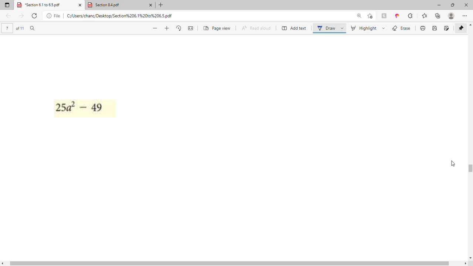In this problem, again, it's of the form a squared minus b squared, which we can factor as a minus b times a plus b. I like to rewrite it as something squared minus something squared, so we can figure out what the a is and figure out what the b is. In this case, 5 squared gives you 25, but we also need that a, so we'll put the 5a inside, and when you square it, you do get 25a squared.